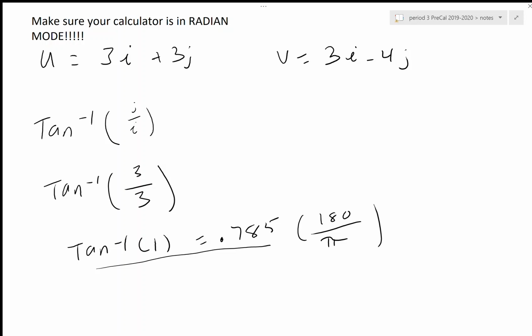Pi on your calculator is above the division button, so you press second and that button. And then you will get the angle of 45 degrees.